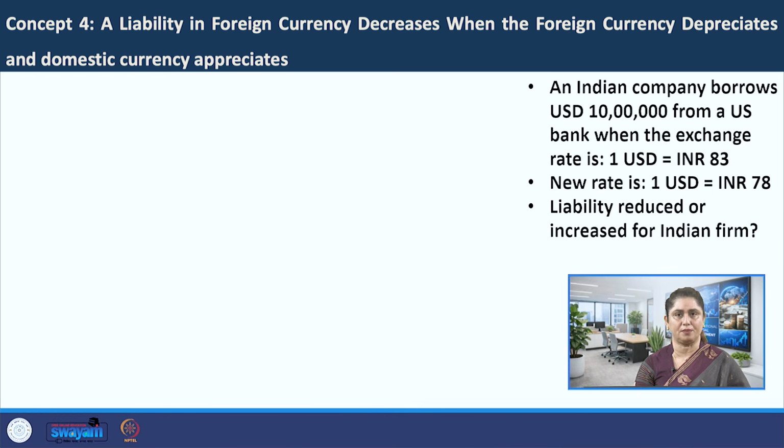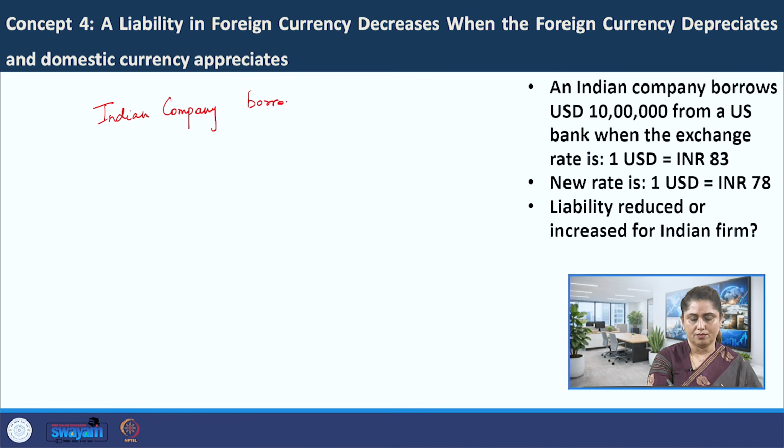Now, let us consider another scenario, in which a liability in foreign currency decreases when the foreign currency depreciates and the domestic currency appreciates. Fine. Now, let us say that there is an Indian company and this Indian company borrows from the US, and it has borrowed 10 lakh dollars.